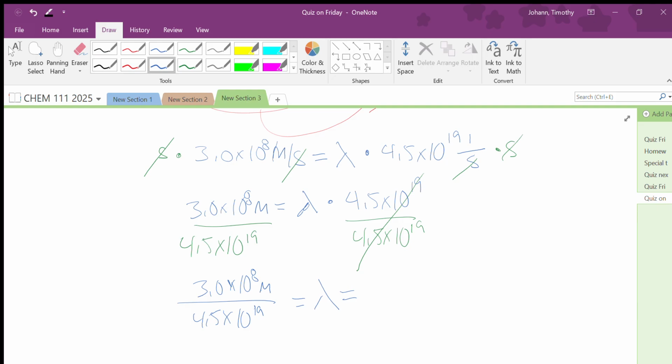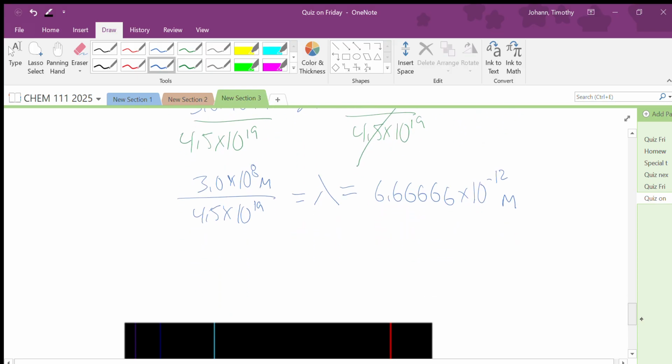What did other people get? Okay. So 6.66666, lots of sixes. We're going to round, so I'm not going to bother, times 10 to the negative 12 meters. How many sig figs? 2, right. 6.7 times 10 to the negative 12 meters.